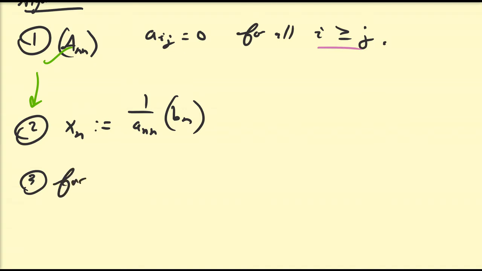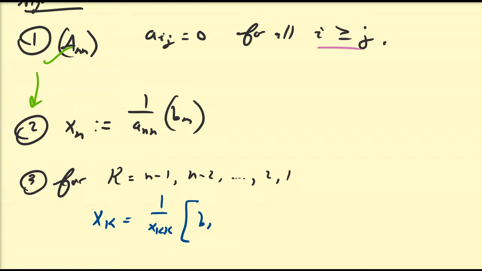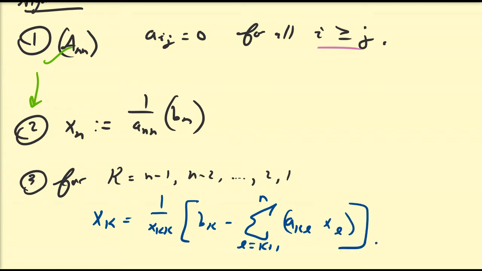So for k equal to m minus 1, m minus 2, all the way down to 1, we have that x_k is 1 over a_kk multiplied by, let's use brackets, b_k minus the sum from l equal to k plus 1 to n of a_kl x_l, right?